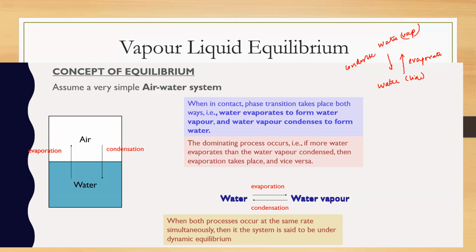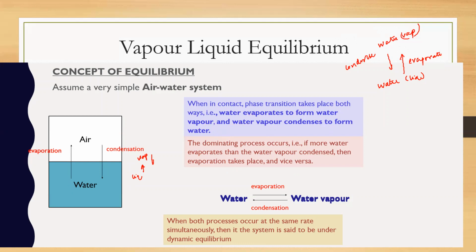So when the liquid and the vapor phase are in contact, phase transition, that is movement from liquid phase to vapor phase or vapor phase to liquid phase, can take place in both ways. That is, liquid water evaporates to form water vapor and water vapor condenses to form liquid water.